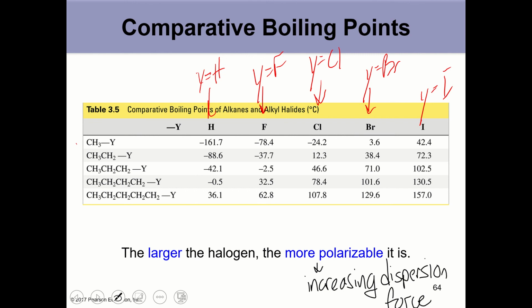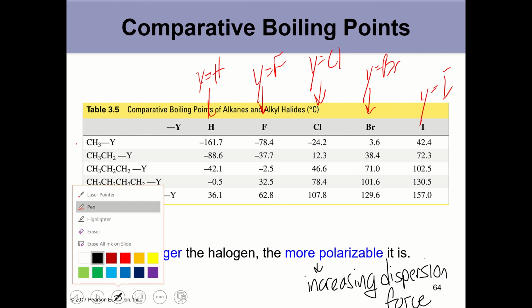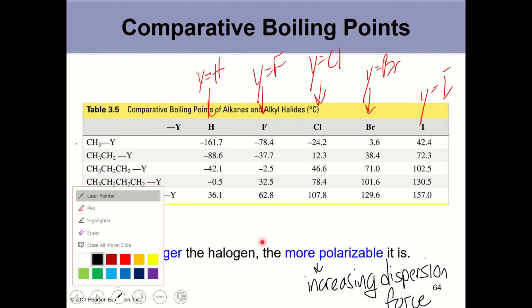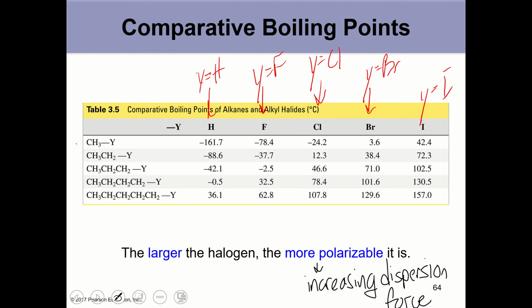And the difference in that dispersion force is having a very large impact on the boiling point. So for more polarizable, we have higher boiling. And this is something that increases as you go down a group. So polarizability increases down a group.